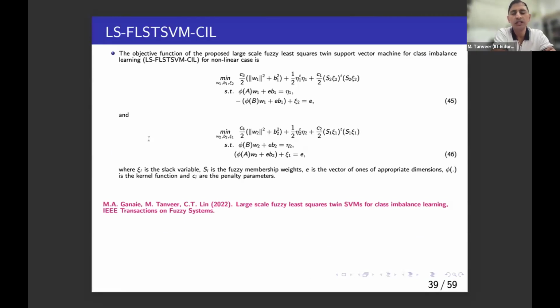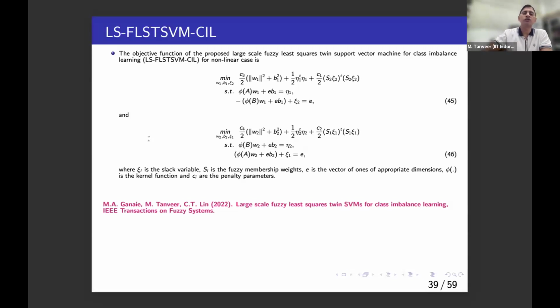More details are available in this manuscript, so please go through it if you are really interested to work in this direction. It is publicly available, and in case you need it, you can drop an email to me or my student, and we can share.